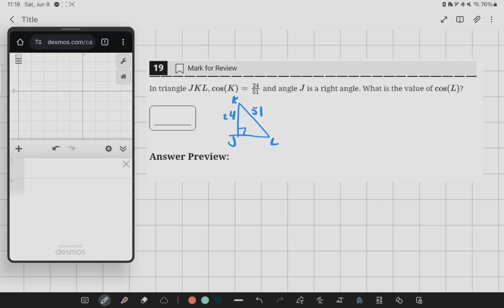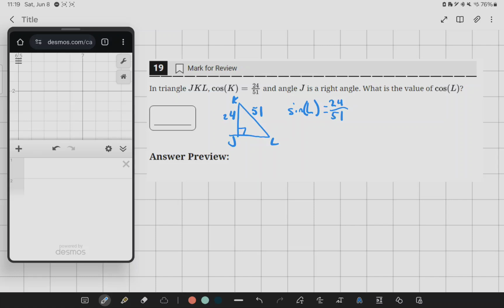Now you can also use the law of sine and cosine, because as we know, sine of L is equal to 24 over 51.